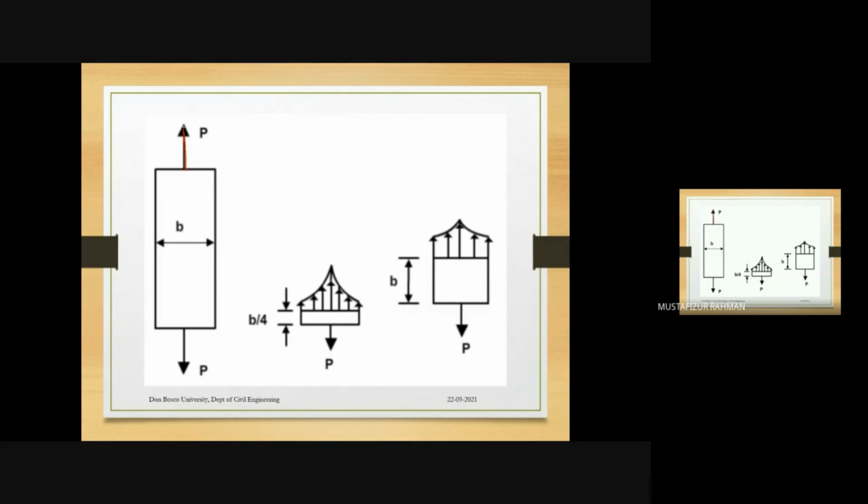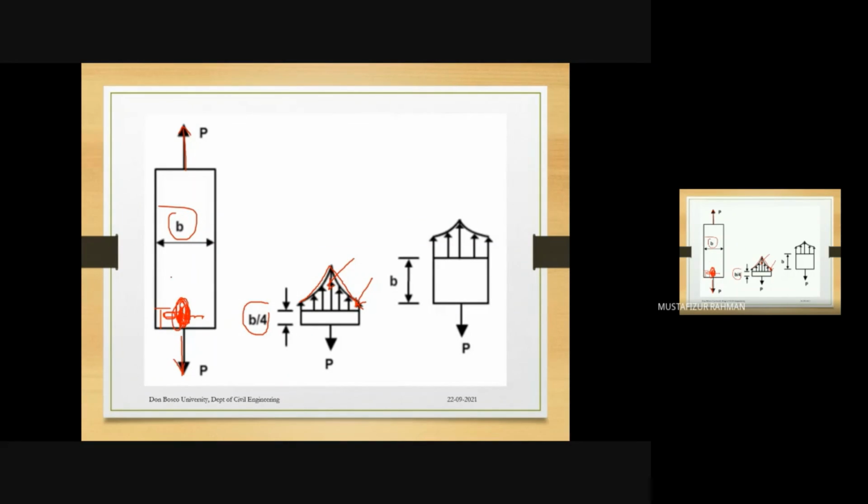Near this point, very close to the end, at a distance of B by 4 where B is the total width, this is how the stress is distributed. It means that stress is less here, but stress is very high at this point where the actual concentrated load is acting.